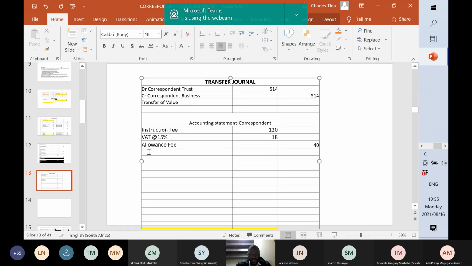It's a credit there, and then you record your VAT. What is the VAT of 40 rands? 6 rand. And then we are done with that fee of 120.